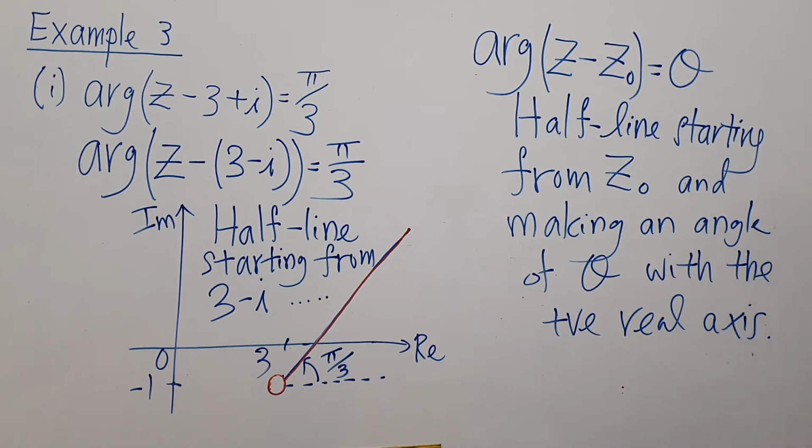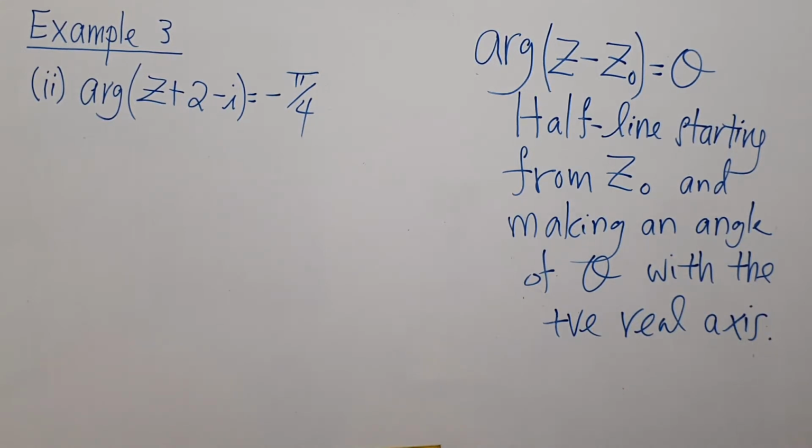Right? This is the translated positive real axis. This is a half line. It makes an angle of pi over 3 with the translated positive real axis. So this is how you can describe this locus. And that is your example 3 part 1.